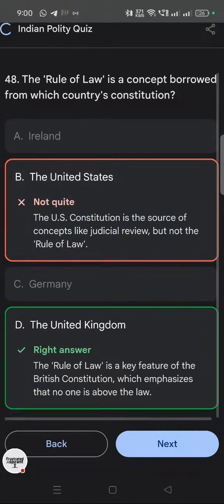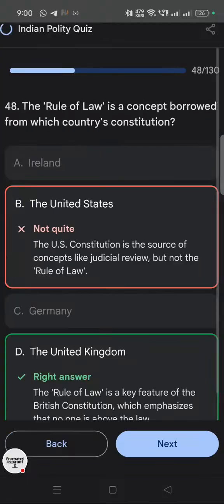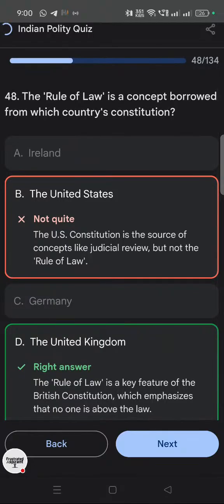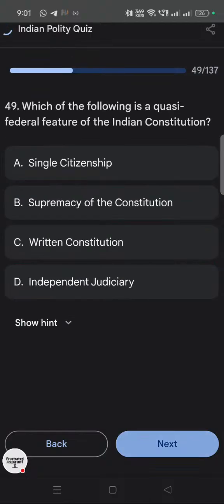The rule of law is a key feature of the British Constitution, which emphasizes that no one is above the law. So the rule of law comes from the UK.